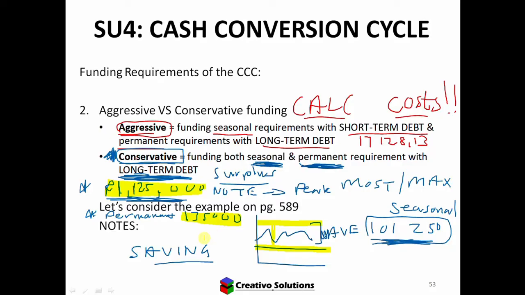No, you're not dividing, you're subtracting. Let me grab my calculator. Let me also do the working. 1125 minus 135 gives you 990,000.